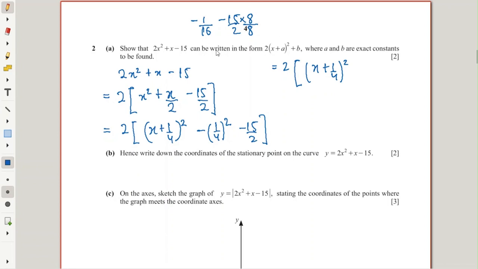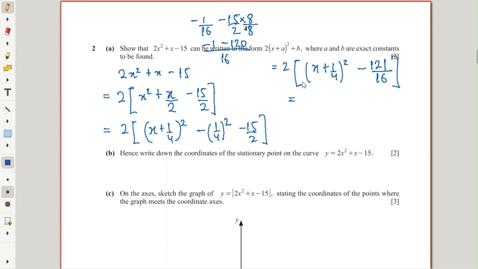So this is the same as minus, the numerator 15 times 20. Because it's paper one, you're not supposed to use a calculator, so you are supposed to be very smart. 15 times 20, I think it's 120. Yeah. So you are going to get minus 121 over 16.